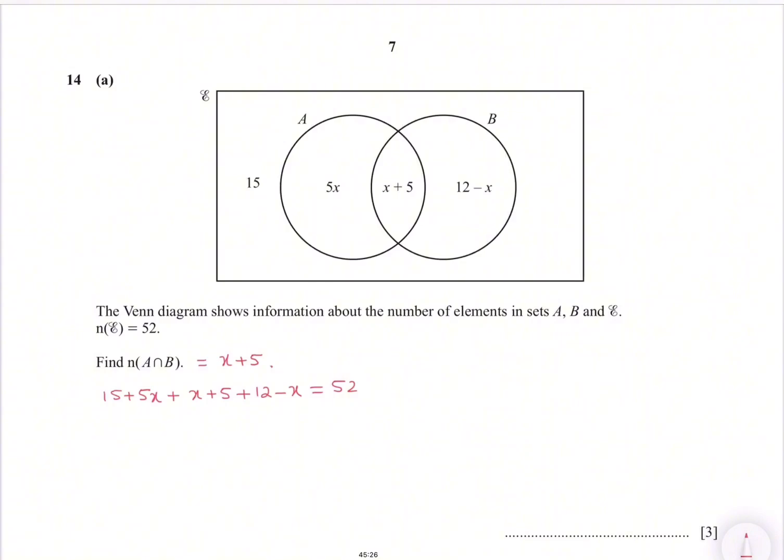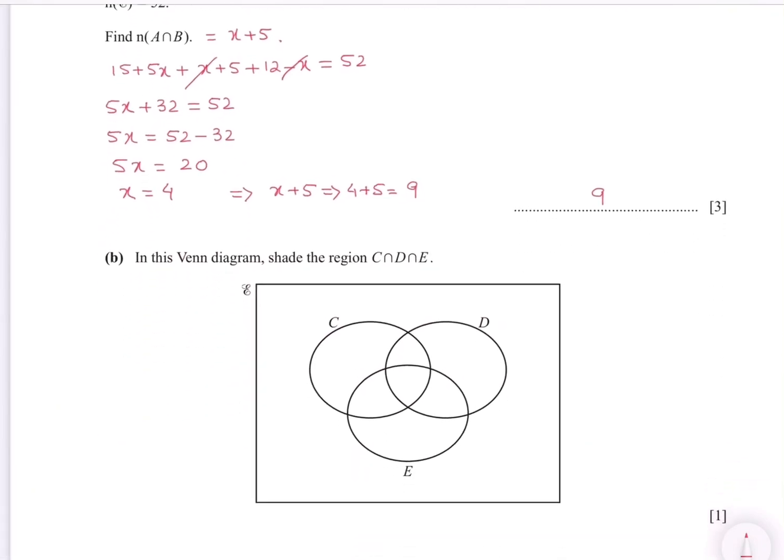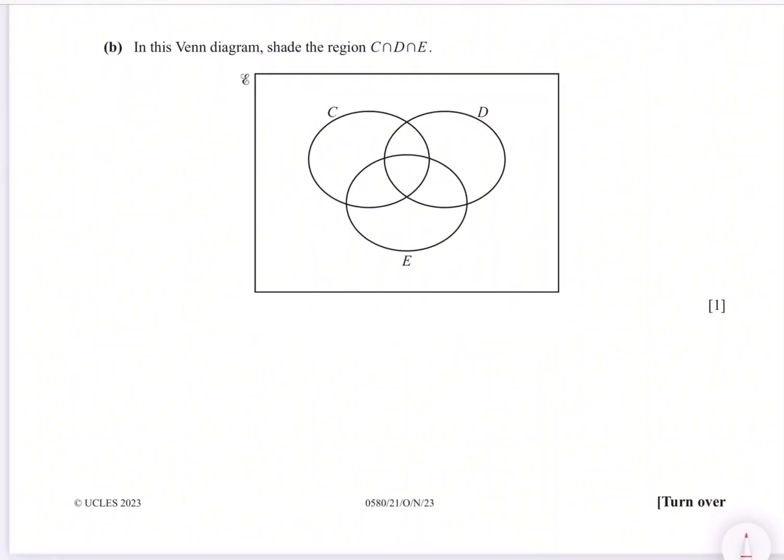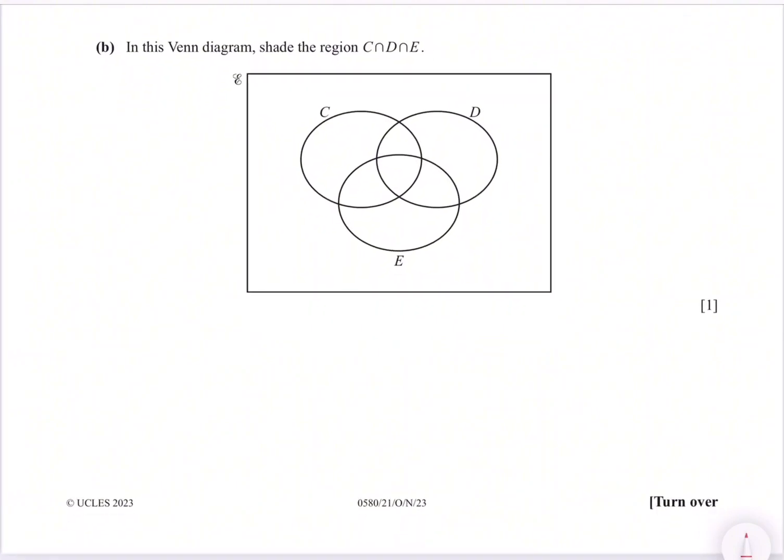So 15 plus 5x plus x plus 5 plus 12 minus x, and that is given equal to 52. From here, solve it for x. So your x is 4. Now the intersection is x plus 5, so 4 plus 5. Your answer is 9.